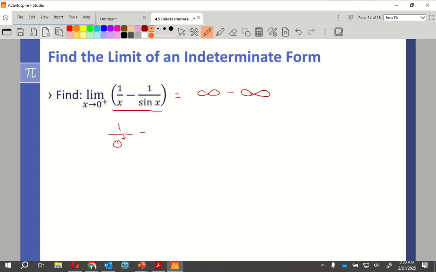Now, sine, okay, what is sine at 0? 0. That's the y value all the way to the right, which is going to be 0. So that's also 0 to the right. If this was at 0, this would be undefined. But since we're approaching 0 from the right-hand side, that's why it works like this. So infinity minus infinity. Better?